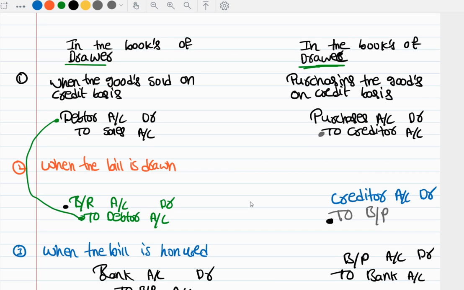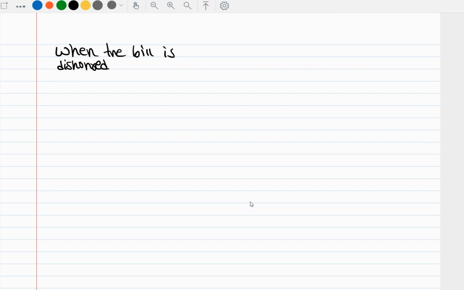We have cancelled the debtor. Now the bills receivable is worthless, so we need to make him debtor again, and we need to cancel this bills receivable. So here the bills receivable is in the debit side, so I will credit it to cancel that. Okay, first we need to make our drawee as our debtor again. Debtor account debit to bills receivable account.